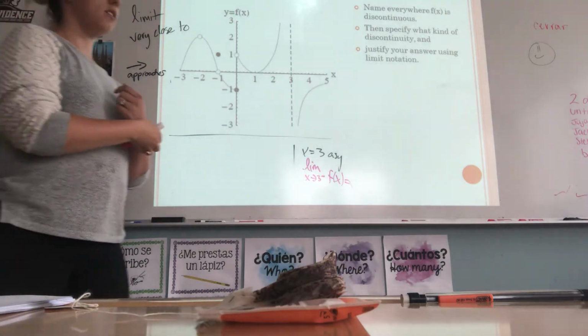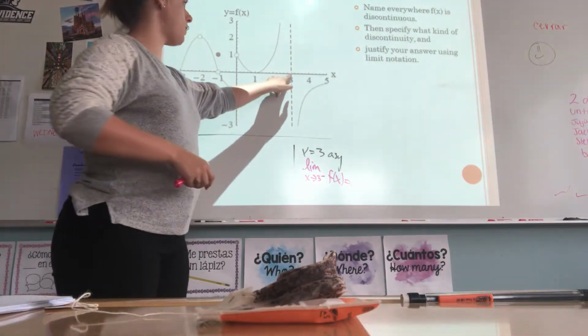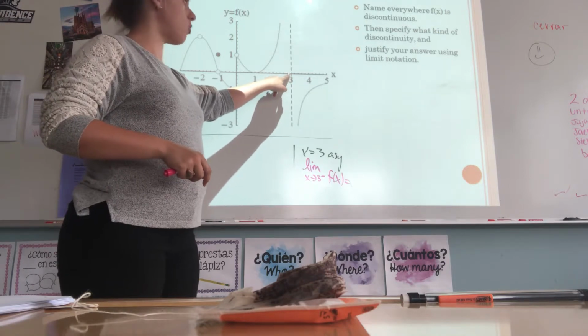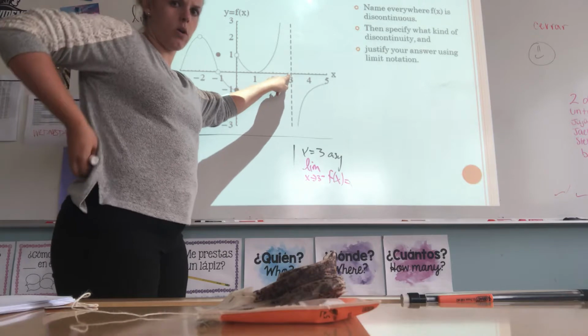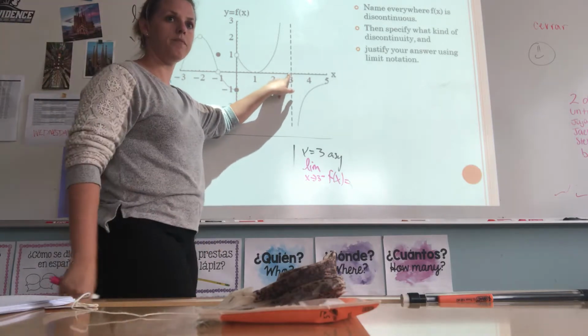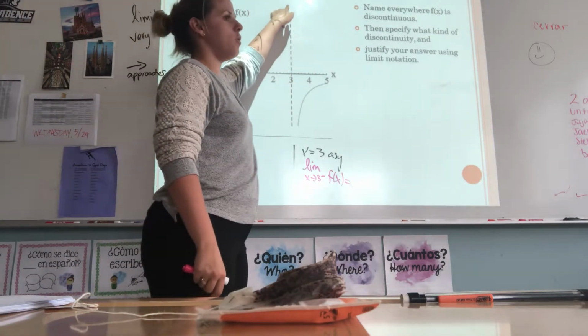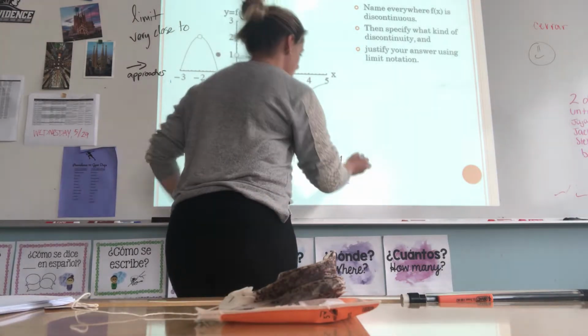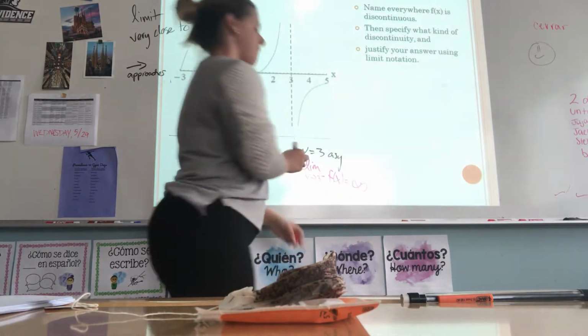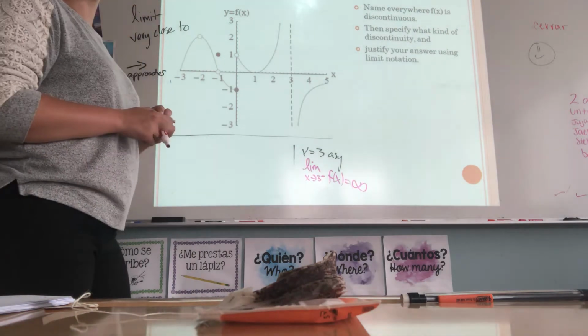Don't shout it out. I'm going to go a little bit to the left of 3. So here I am at 3. I'm going a little bit to the left of it. Now I need to find my y value. Do I go up or down? Up. What's my y value approaching? Infinity. Wow. This is a lot of weird.